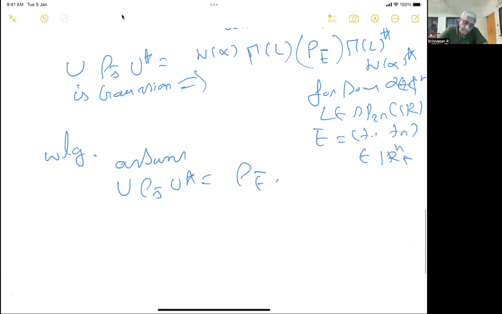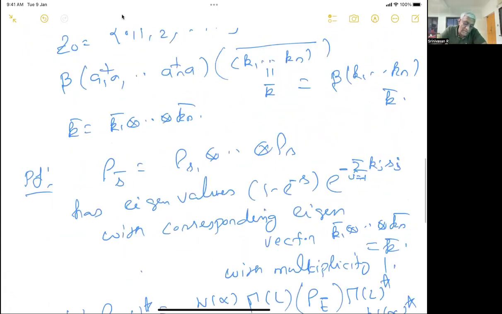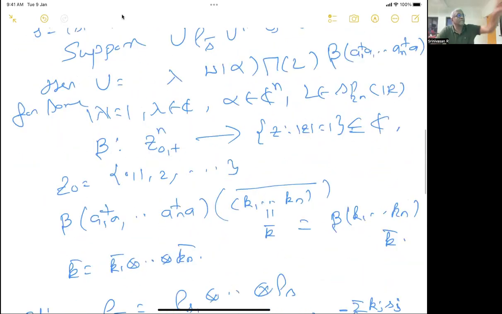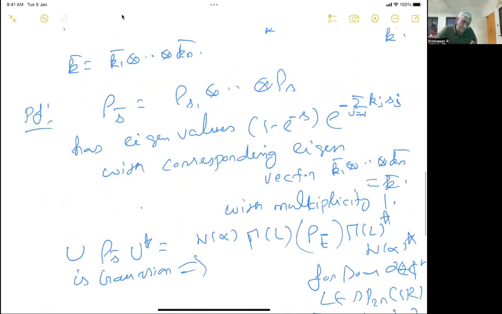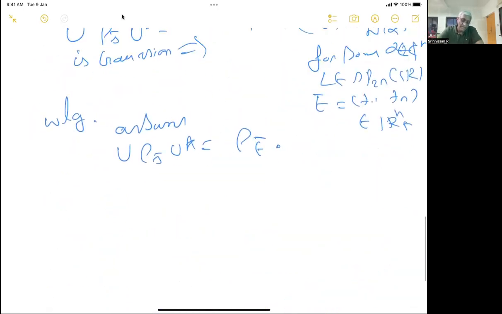Now we want to see what U is. We want to show that this U looks like that beta. The first condition: both this rho S bar and rho T bar are conjugated by a unitary, so they will have the same eigenvalues. Not the same eigenvectors; the eigenvector will be U times that eigenvector.